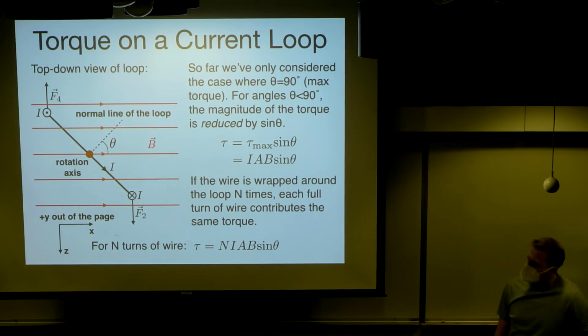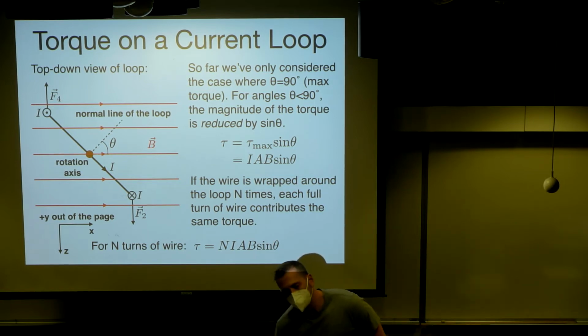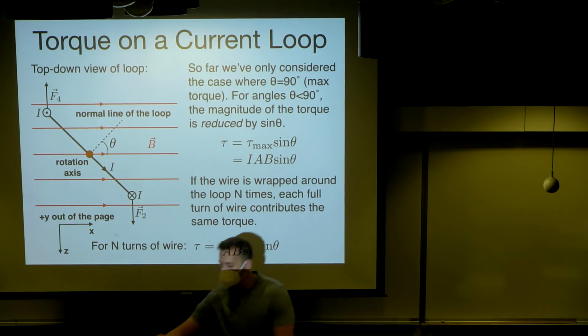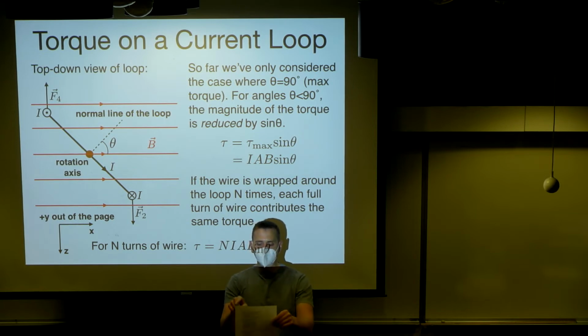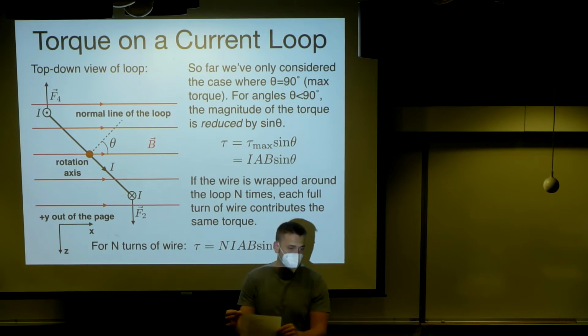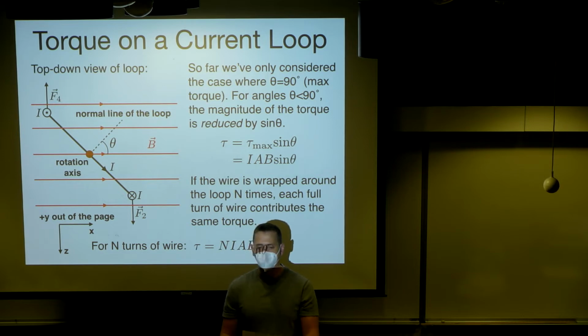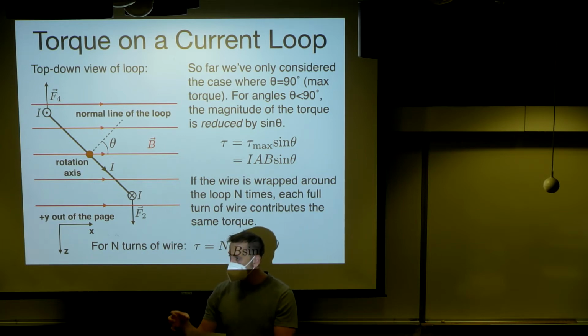There's one other thing that we want to keep in mind too. So far, we've been imagining that for our loop of current, there's just one turn of wire. So you just take the wire, wrap it around, and reconnect it up here. In general, you can wrap the wire around many times. I can make a coil of wire where I wrap it around, let's say 50 times or 1,000 times. And each one of those wrappings of wire feels its own torque.